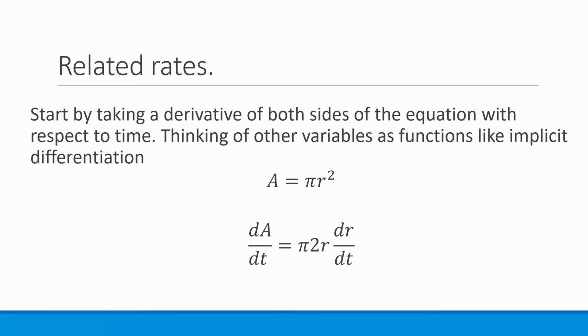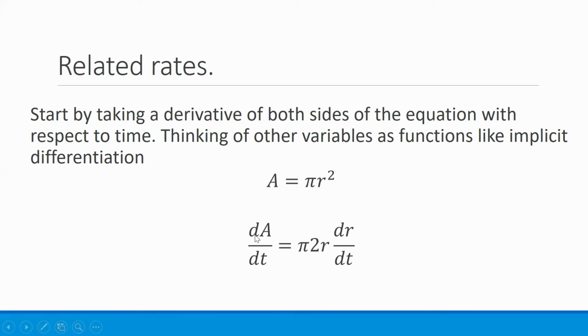If A equals pi r squared, the derivative of this variable with respect to time, I can write as dA over dt. The derivative here, because our r is an inside function, we're going to take the 2 out front, 2r, and then multiply it times the derivative of r with respect to t.